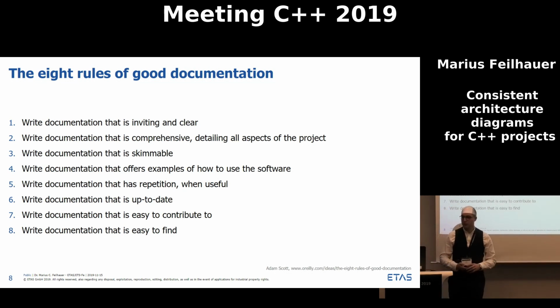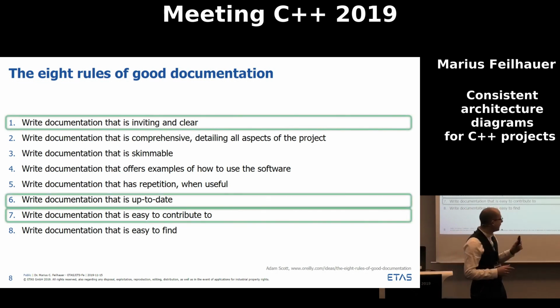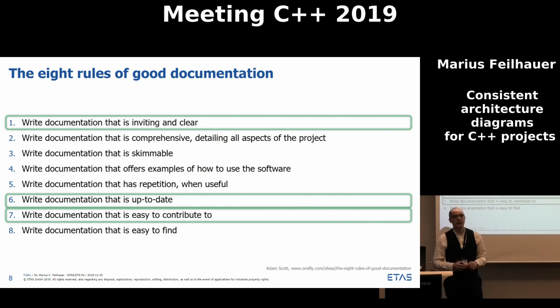Maybe examples are useful. Repetition might, especially in documentation, be useful now and then, but of course they have to be kept in sync, and the overall documentation has to be kept up to date. Documentation should be easy to contribute to and easy to find. And the three points I've highlighted here, I think they fit quite well to the part on diagrams we talk about in a minute.